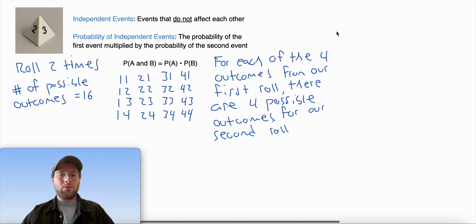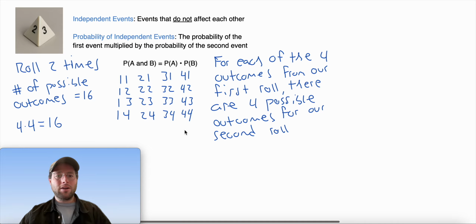I'll read this again. So for each of the 4 outcomes from our first roll, there are 4 possible outcomes for our second roll. And so that means we would need to multiply 4 by 4 to get our sample space size of 16. I'll just write that right here, that 4 times 4 equals 16, which matches what we got here.